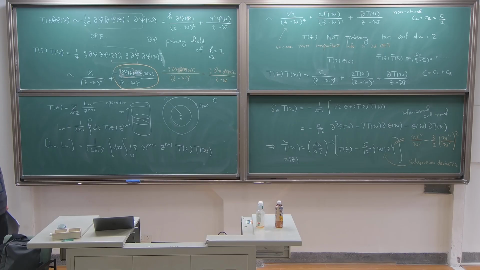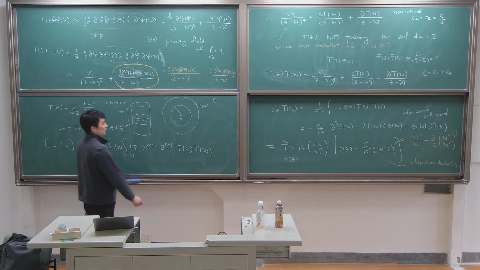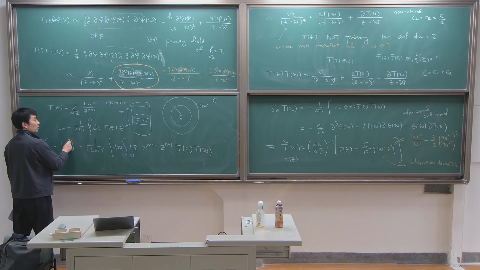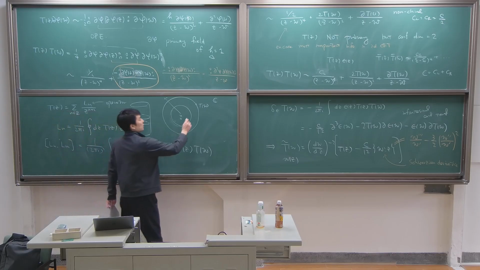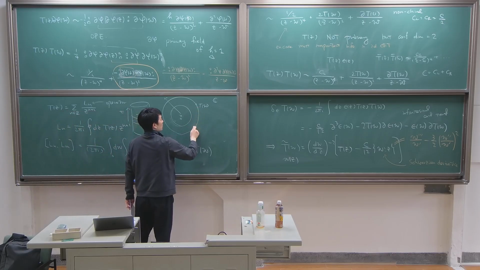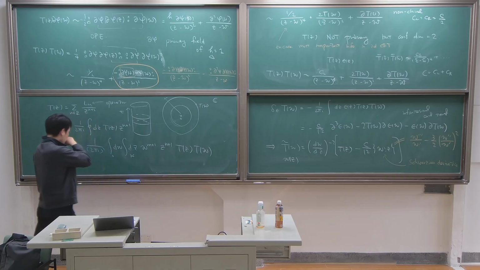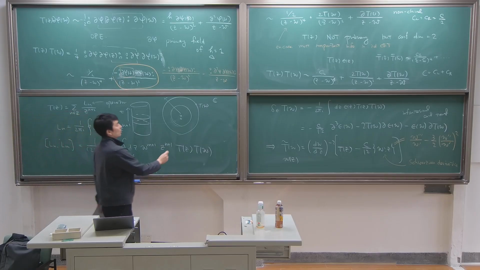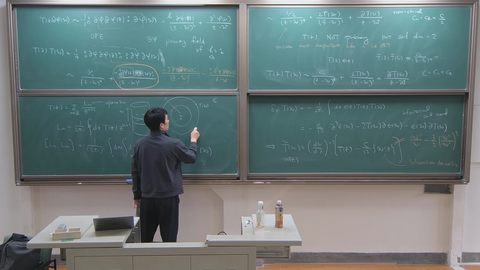Okay, so here, first you have to have L_n. L_n first acts on it. Sorry, what I'm trying to do: the first z is outside. Z is outside of this one.